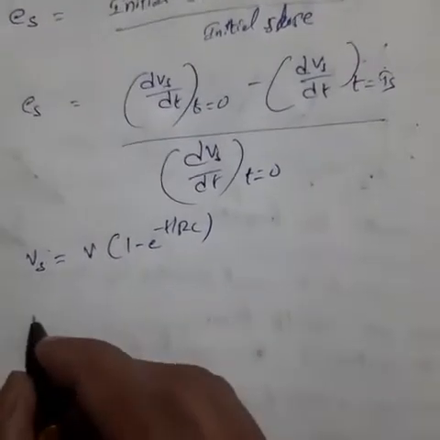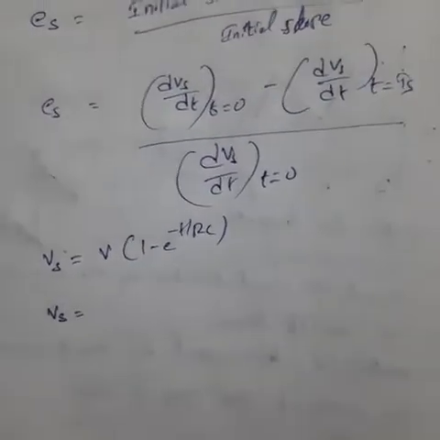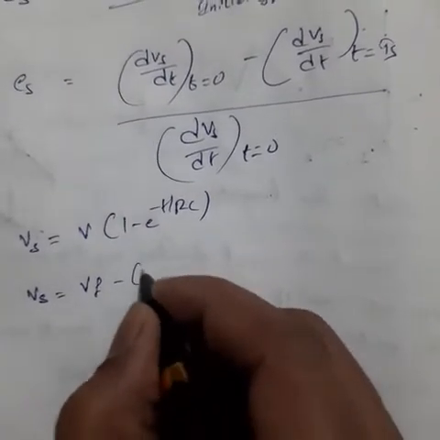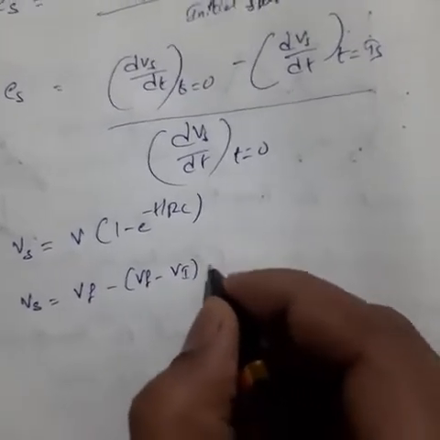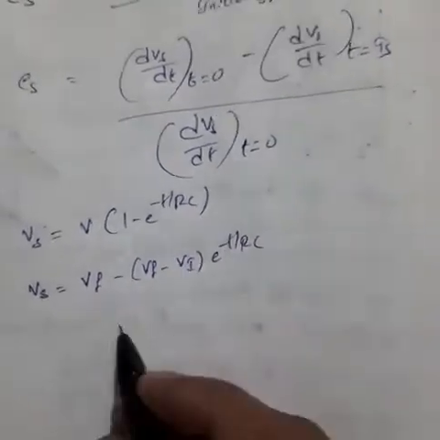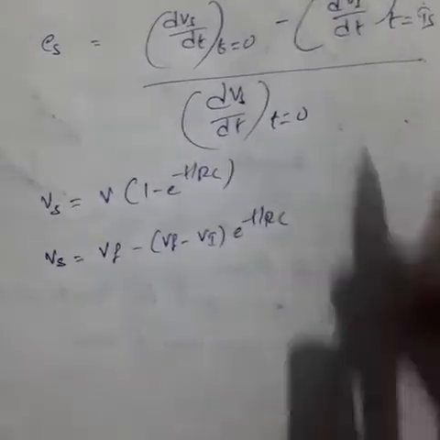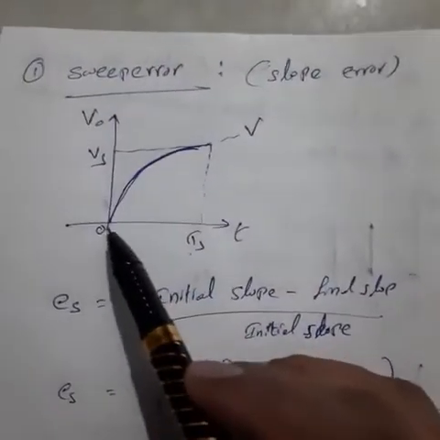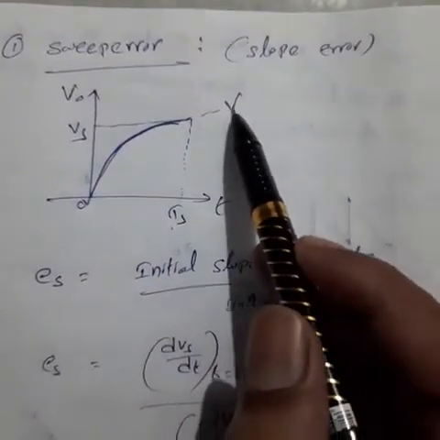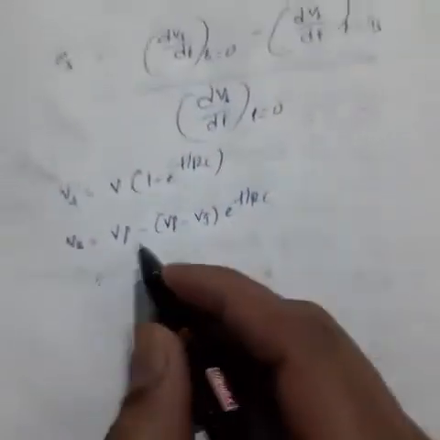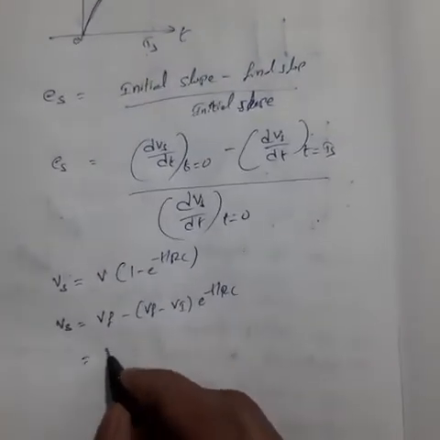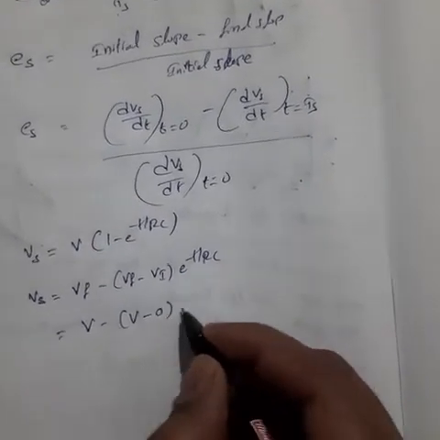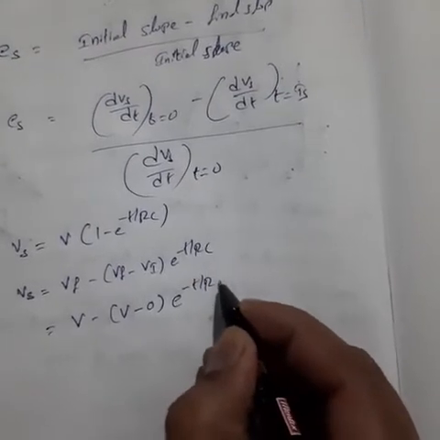Why? Because we know that for exponential signals, output voltage equals V final minus V initial into e power minus t by RC. We can write it like this. It starts at 0 and has to reach the final value V. Then the final value of the waveform is V minus initial, which starts at 0, into e power minus t by RC.